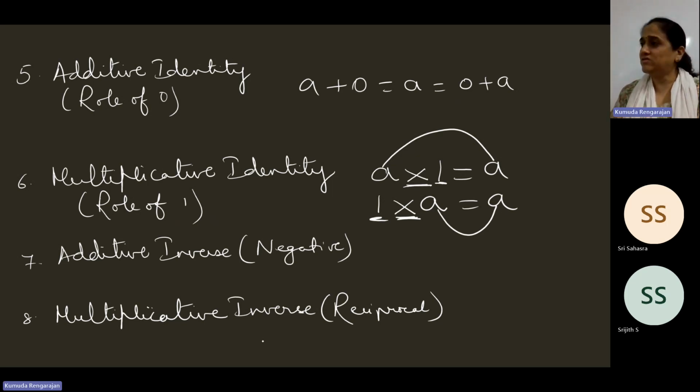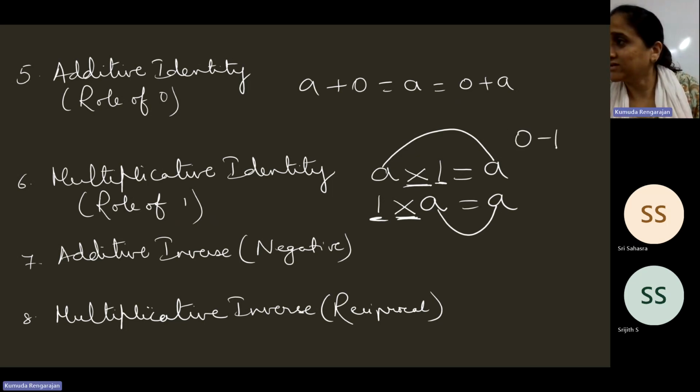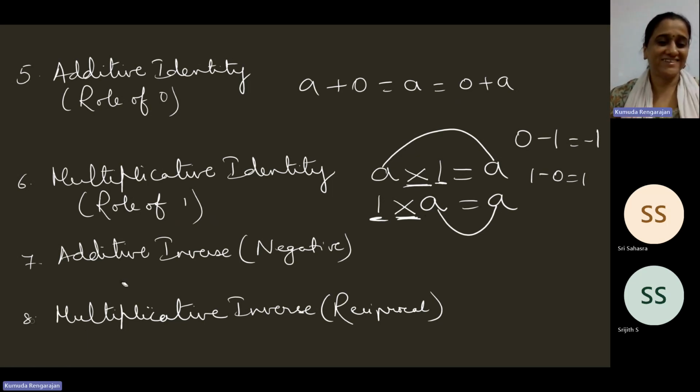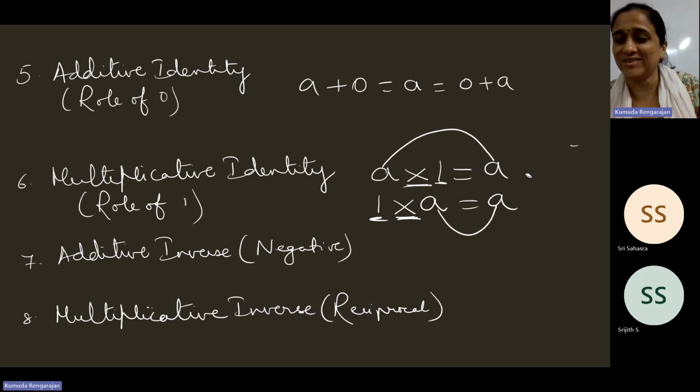Successor of minus 1 is 0. Okay, 0 minus 1 is minus 1. Then 1 minus 0 is 1. Leave it. No, I'll ask you again. I don't know what you said.